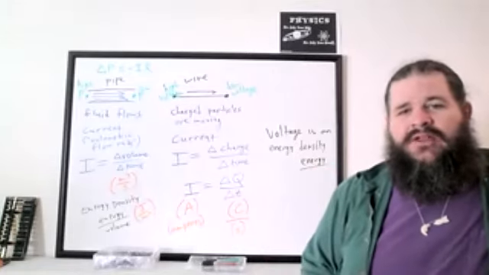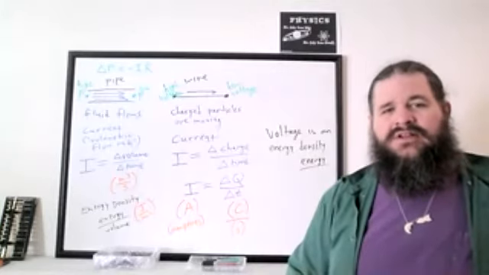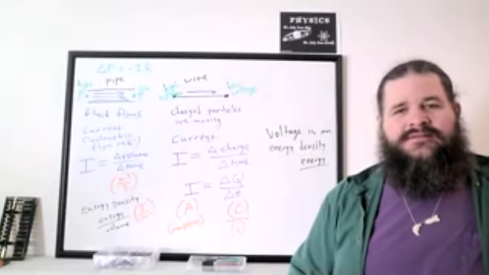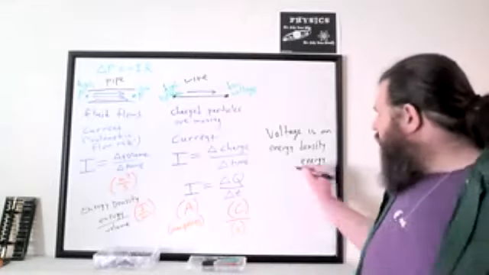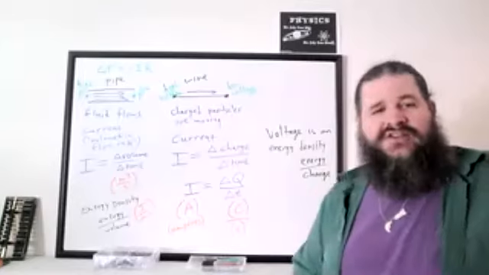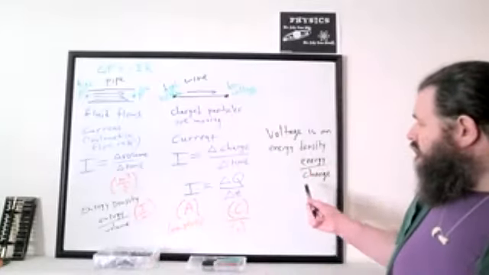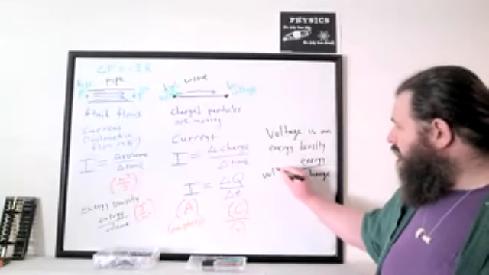Instead of talking about volume, what's a good measure of how much electrical stuff? What's our electrical quantity? Charge. So we define energy density for electrical stuff not as energy per unit of volume, but instead as energy per unit of charge. And we call this voltage.